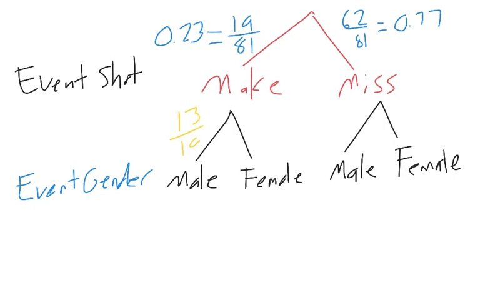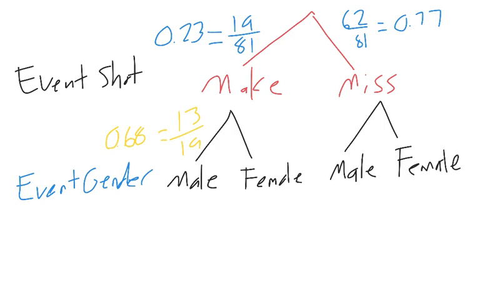And then let's get a decimal for that. 13 divided by 19. It'll be a little less than 0.7. What is it, 0.68? Okay. Does everybody understand that? That's a little trickier. You're only looking at makes. This is not just everyone, only the makes.